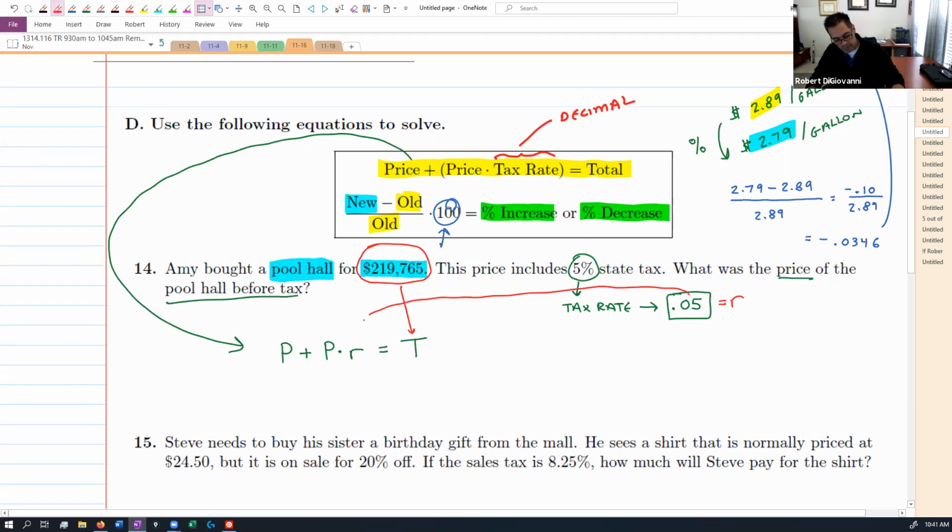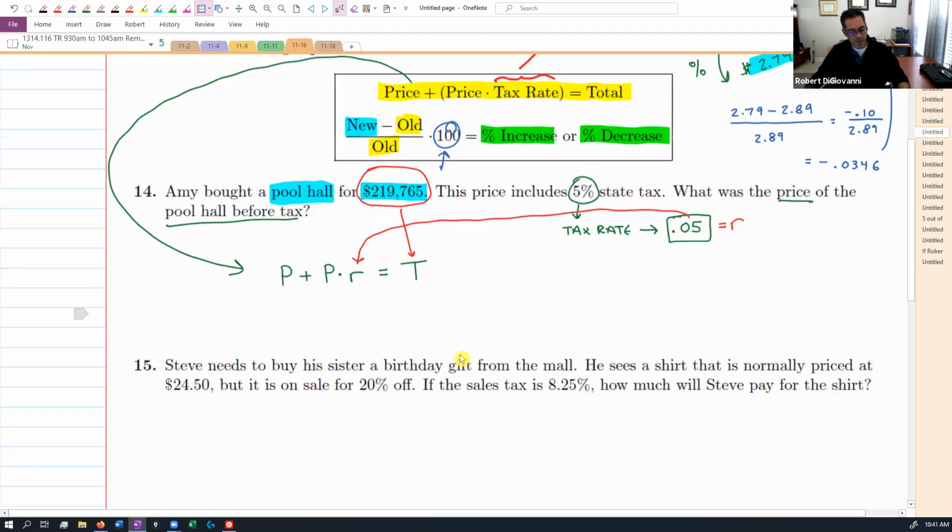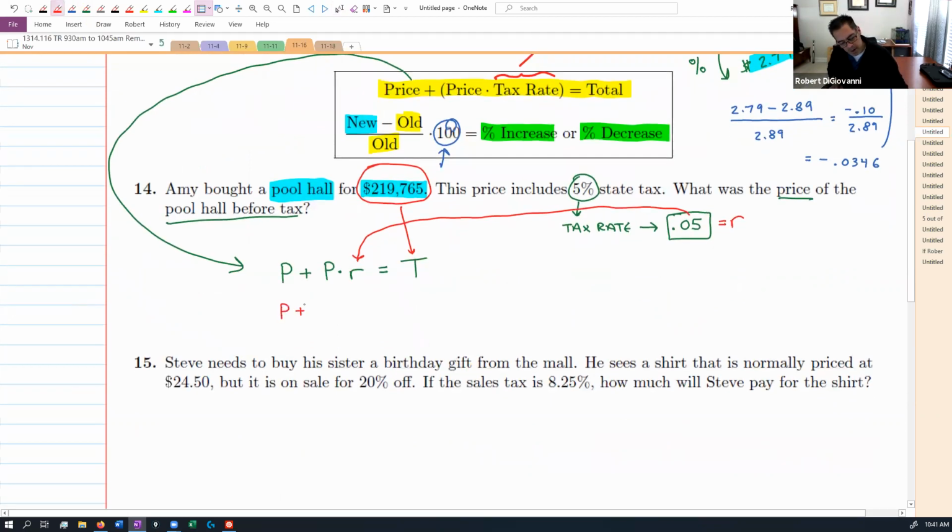We know the R. Which means we can rewrite this as P plus P times 0.05 equals 219,765. Which I'm going to write another way: P plus, when I multiply these two together, I'm going to change the order. I'm going to put 0.05P equals 219,765.